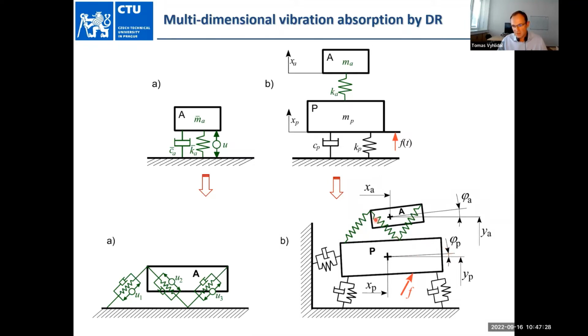And as you can guess, the extension of the concept is not straightforward, because instead of only one actuation, here we need to have three actuations, and so we come from the single input, single output case to the multiple input and output case.